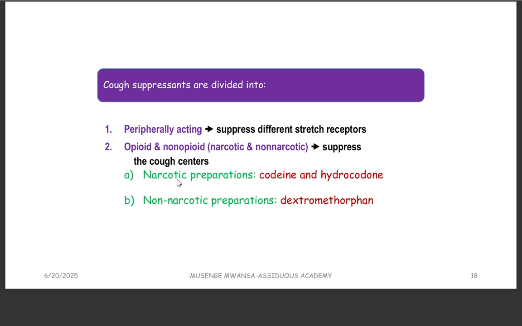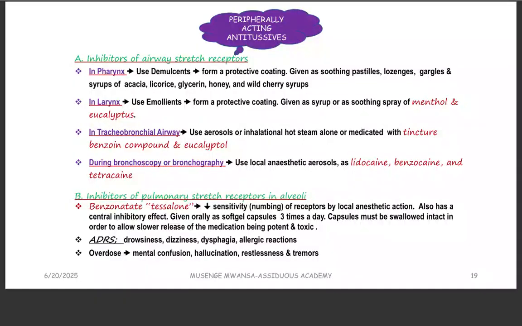So for the narcotics, you have got codeine and hydrocodone. The non-narcotic, you have got dextromethorphan. Okay, these ones will basically suppress the central nervous system. The peripherally acting will basically work on the stretch receptors that cause a cough to start.